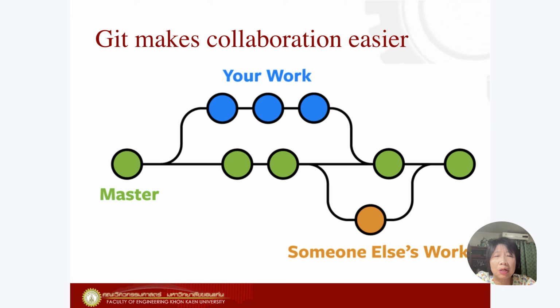So Git makes collaboration easier by like suppose that there are two people in a team, right? You and your teammate. Then Git will have the branch that we can merge the work that is implemented by one person with another person.